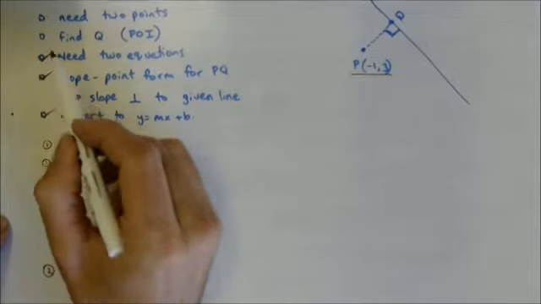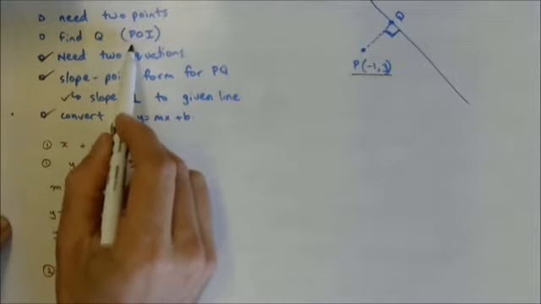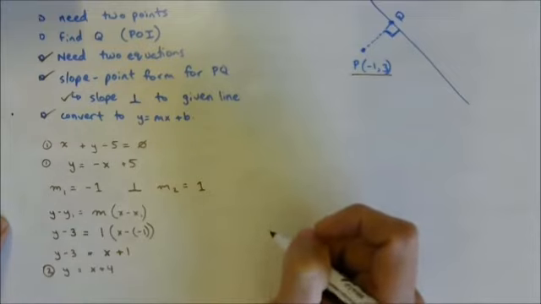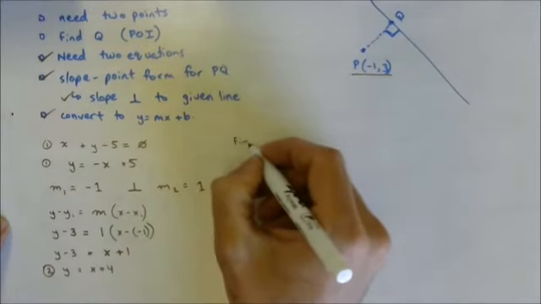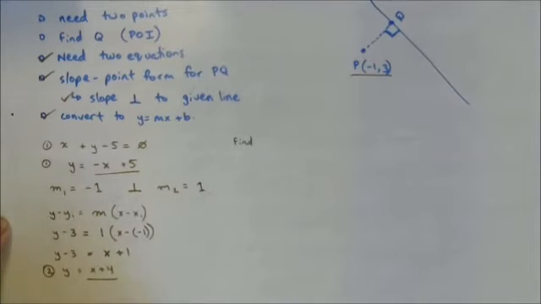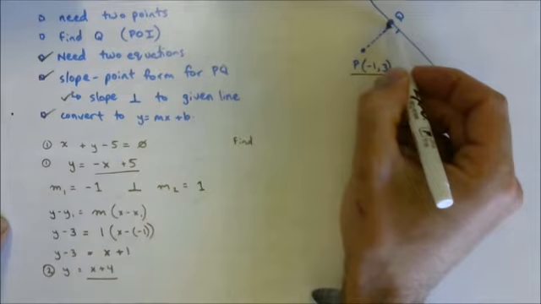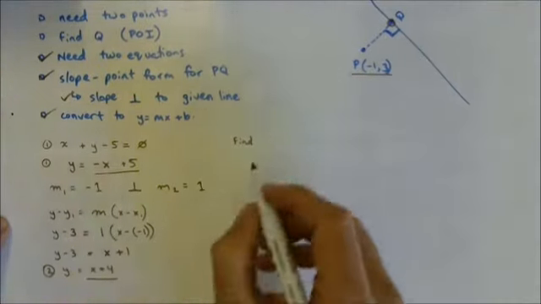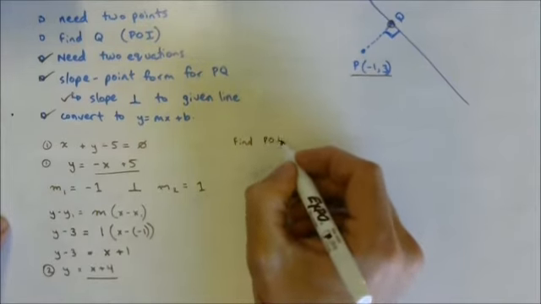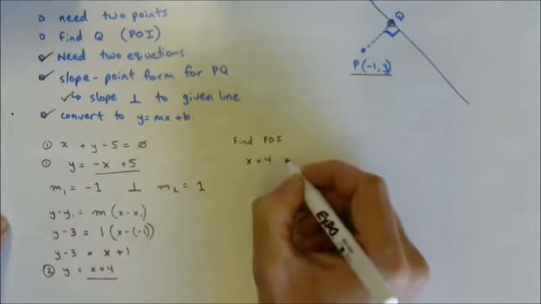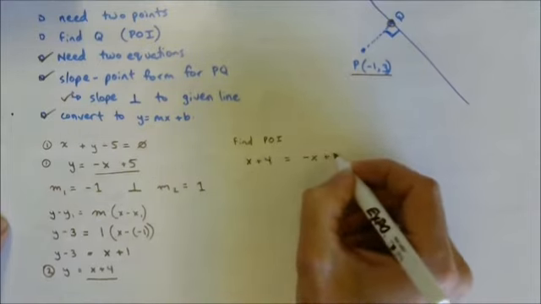We have two equations. Our next step is to find Q, the point of intersection. How do I do that? Sure. If I know y equals this and y equals this, and at the point of intersection Q, that's where x and y in each equation have the exact same solution, then all I need to do is set x plus 4 equal to negative x plus 5.